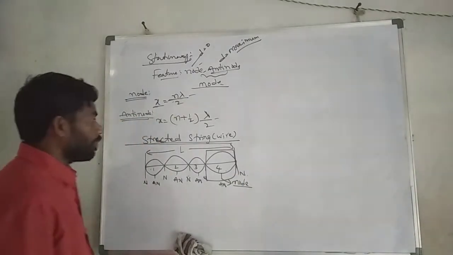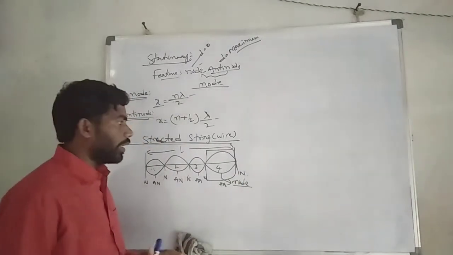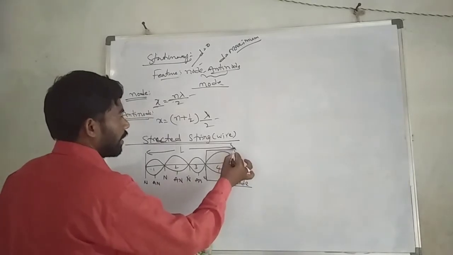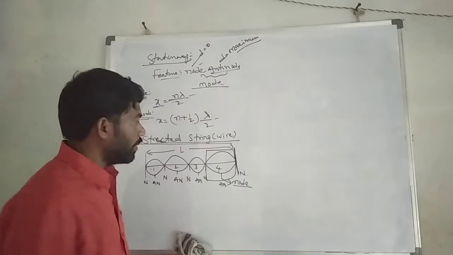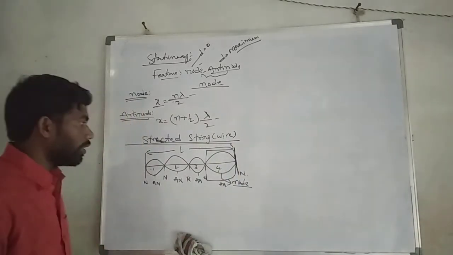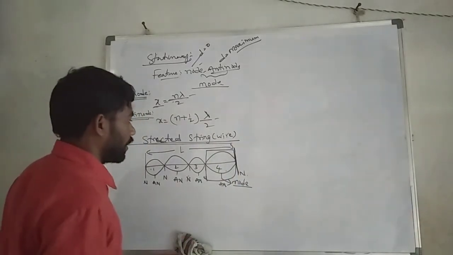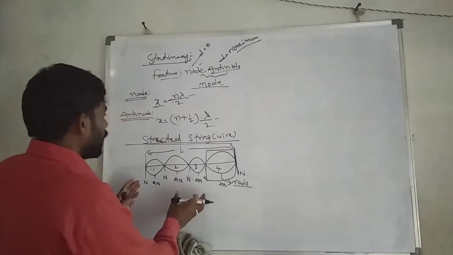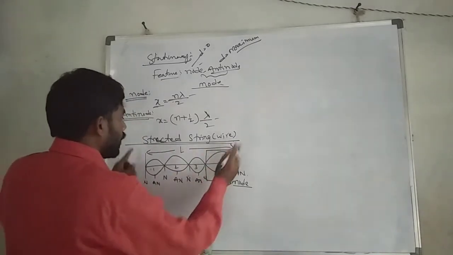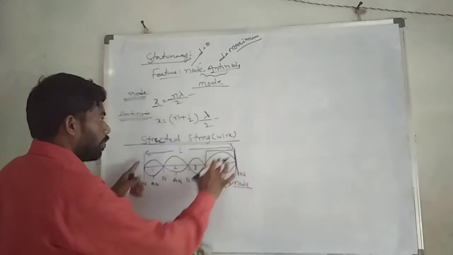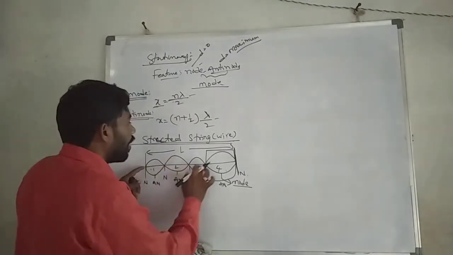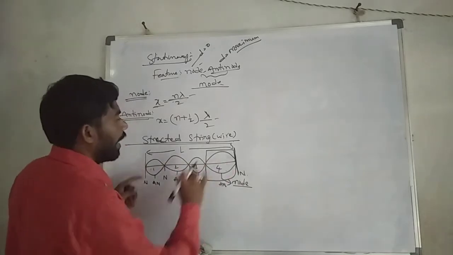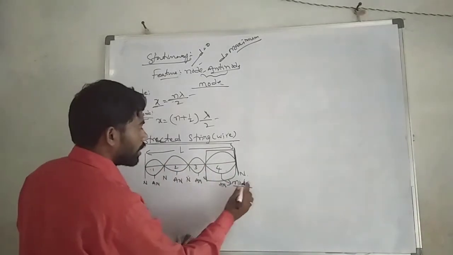One of the boundary conditions, which you already know from the previous class, is that the displacement at the boundary is 0. This stretched string is fixed between two boundaries, so it forms a stationary wave with modes.